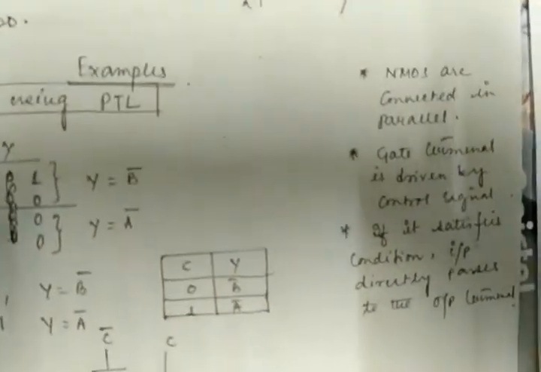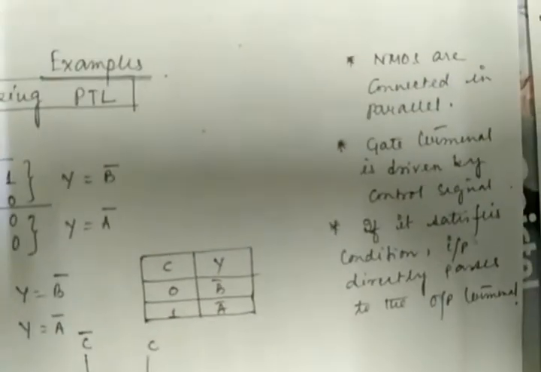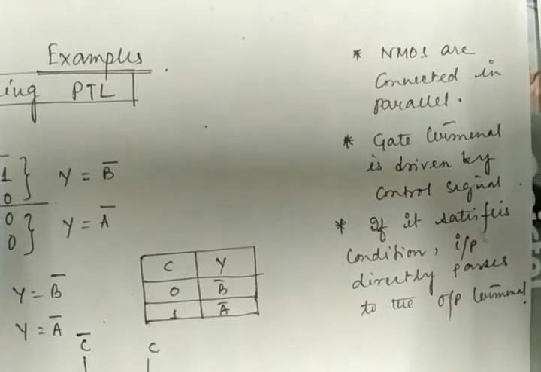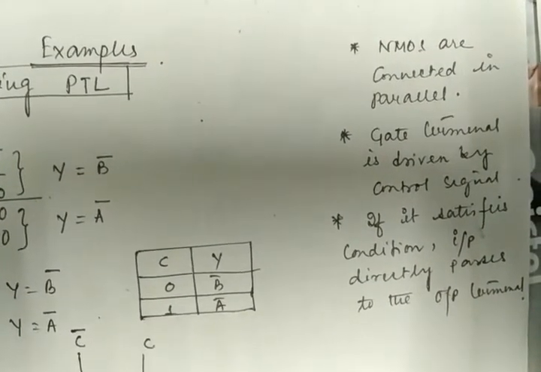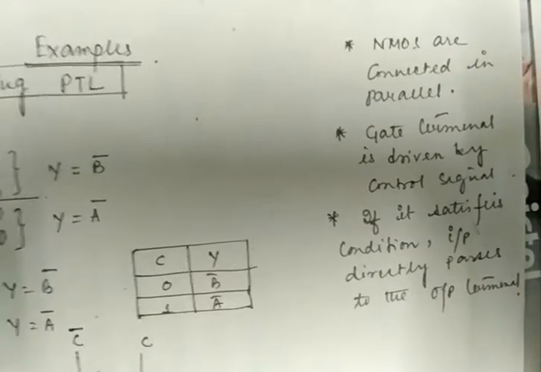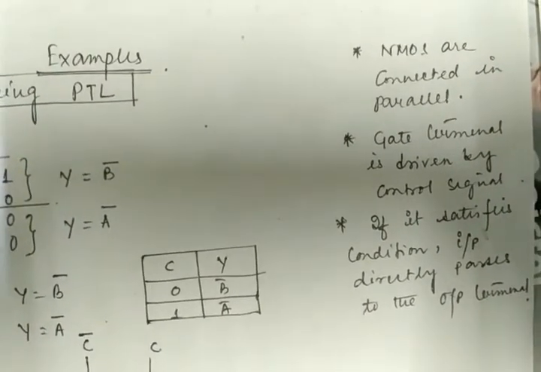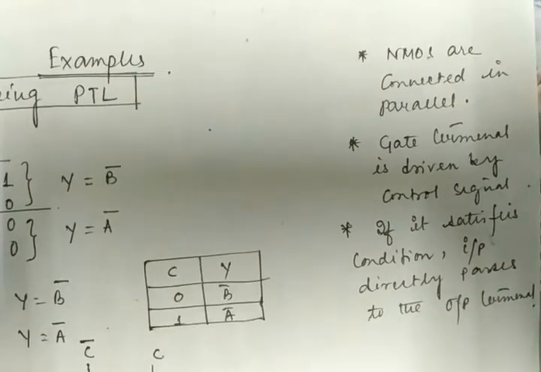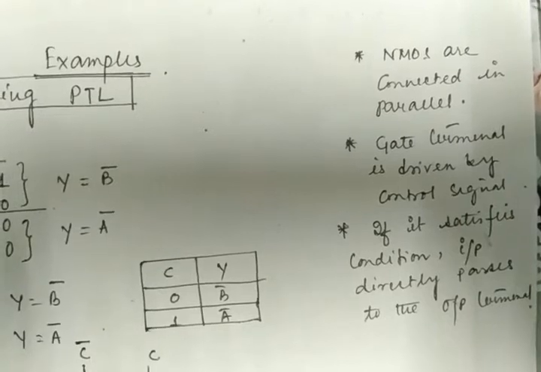Here I have written some key points of this PTL logic, so please go through that. NMOS are connected in parallel. Gate terminal is driven by the control signal. If it satisfies the condition, then input directly passes to the output terminal. These are the three key points that we will use in our design style, that is PTL.